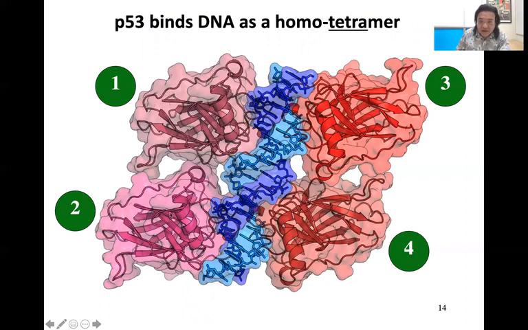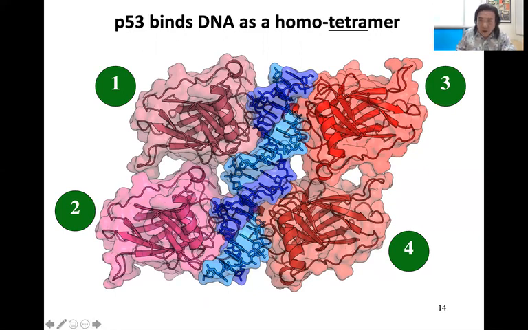So here you have a tetramer of p53, 1, 2, 3, 4 molecules of p53 bound together by their tetrameric domain. So these are these domains that are helping them form a tetramer, and they're interacting with DNA through their DNA binding domain.